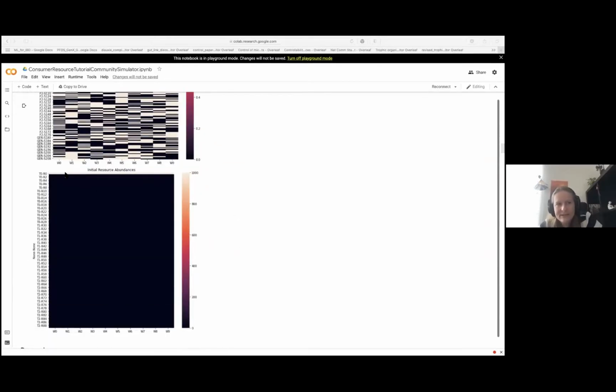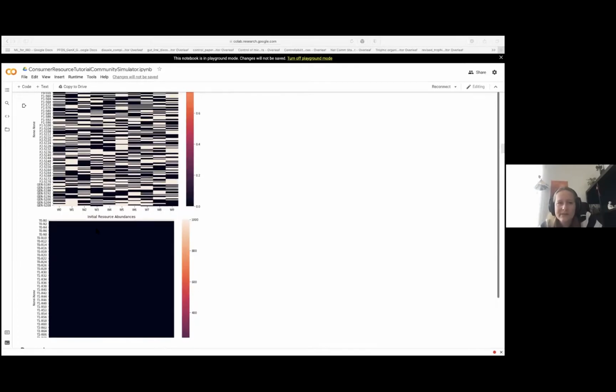And for resource abundance, in their particular example, they just said that we provide R0, the first top resource, at a high concentration, and then nothing else. All those other resources have to be produced by some of those species that will reside in the community.